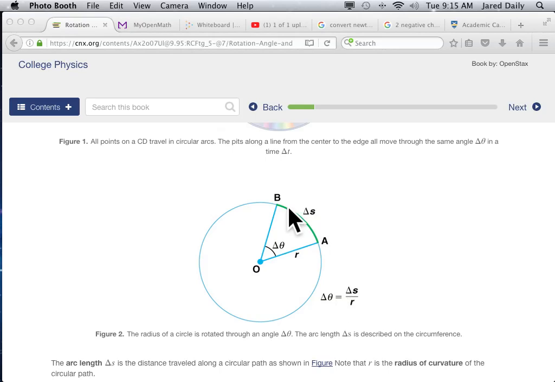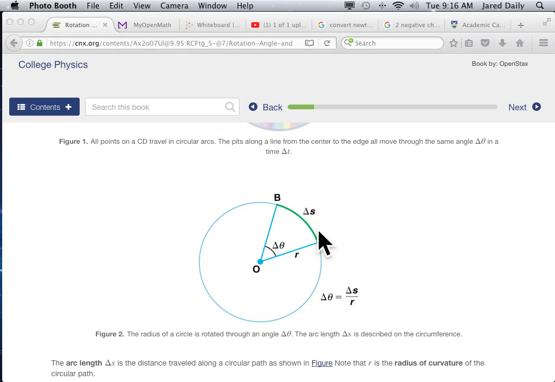Okay, so that is a definition, but we can use that definition to calculate the arc length for any angle. If you have 1 radian of angle, you put in 1 for delta theta, and that is going to equal the arc length over the radius of the circle.